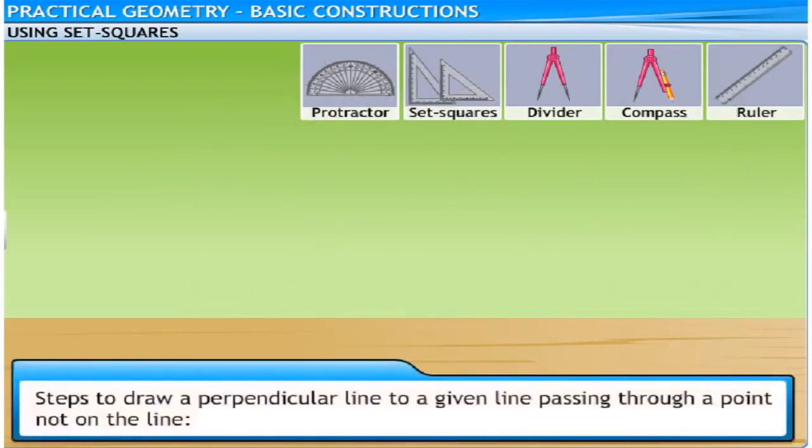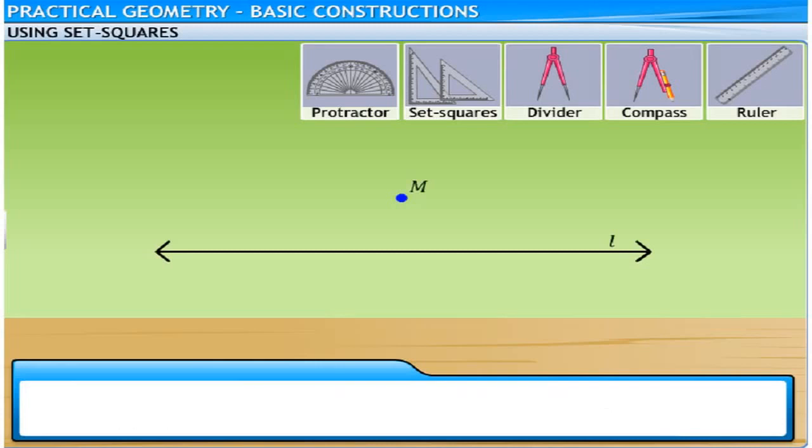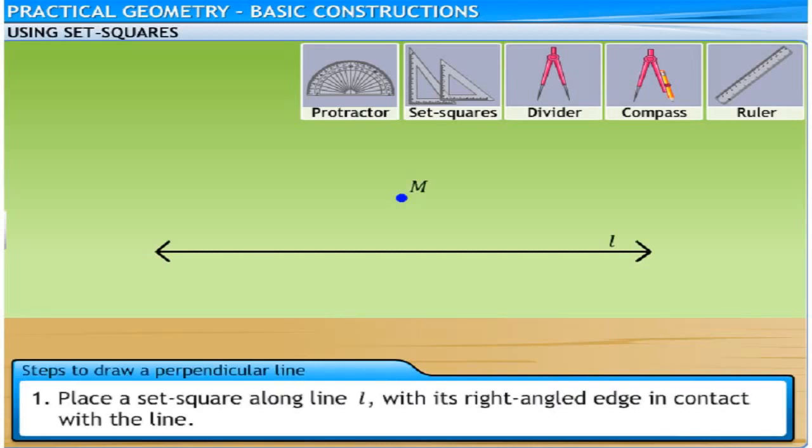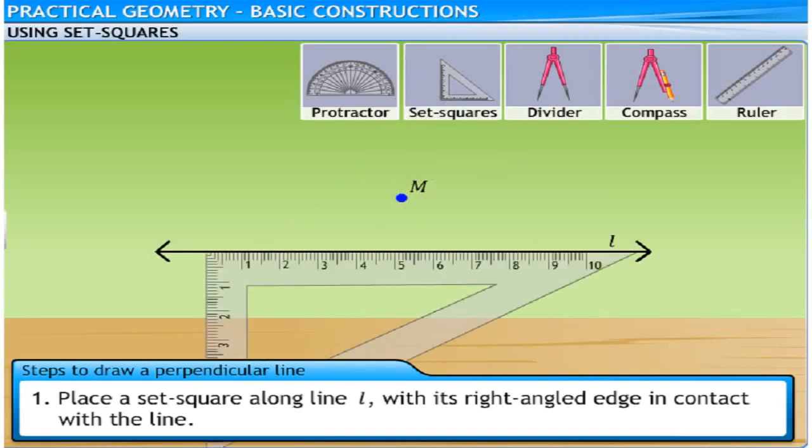In a similar way, we can draw a perpendicular line to a given line passing through a point not on the line. Here, L is a line and M is a point not on the line. First, let's place a set square along the line L with its right-angled edge in contact with the line.